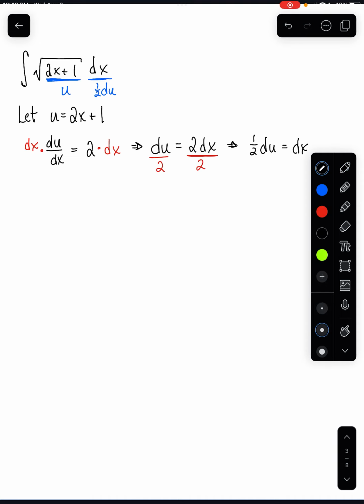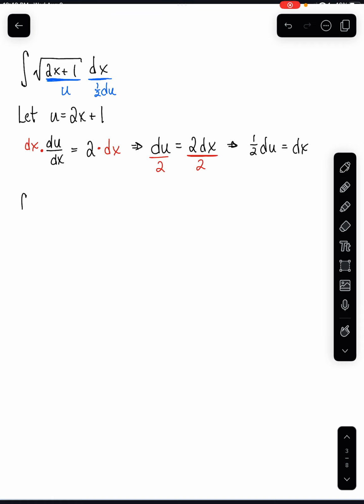So what we've got here then is that the antiderivative of the square root of 2x plus 1 dx can be rewritten as the antiderivative of the square root of u times 1/2 du. So again, the 2x plus 1 comes out, and the u goes in. The dx comes out, and the 1/2 du goes in.